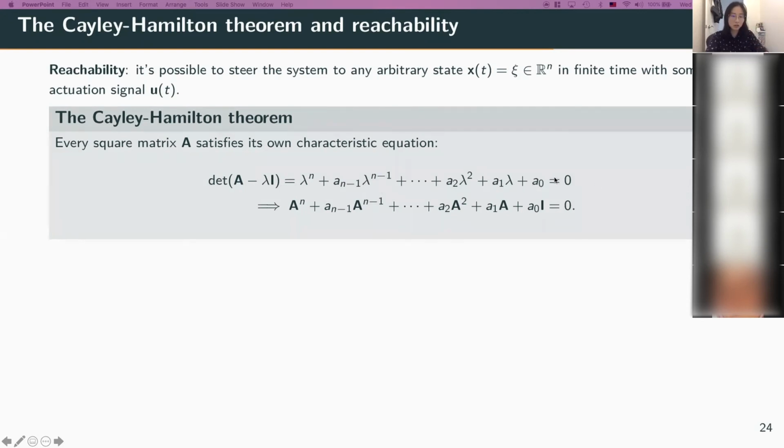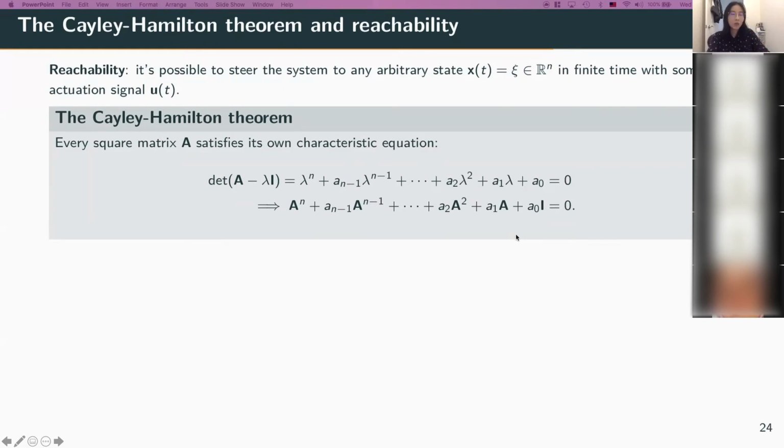And this is equal to 0. So if this is satisfied, then you can equivalently plug in your matrix powers, your A's powers, and this equation will also be satisfied. So this is the Cayley-Hamilton theorem.